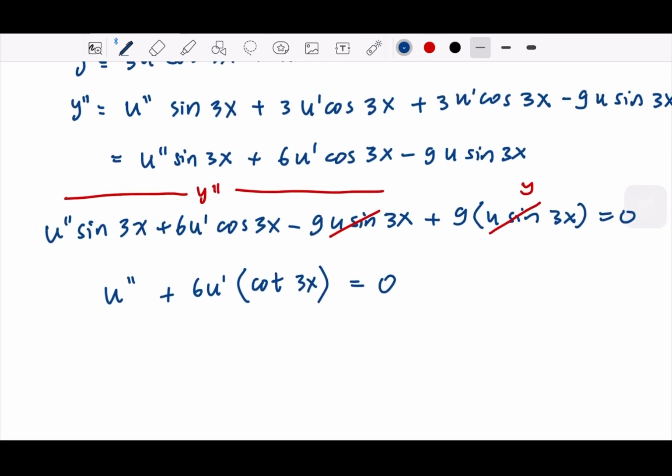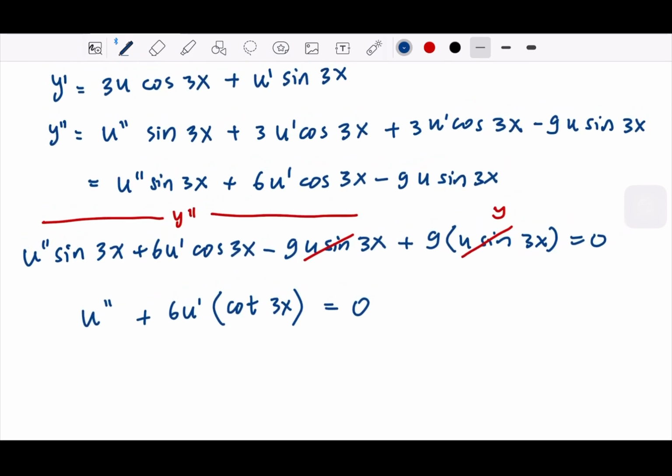Now you need to be aware that when we have this kind of situation, this is a second order equation. So this is second derivative, first derivative. When we already have this equation, this is one step closer to reducing our order. So we can substitute this u prime so that we reduce this second order to first order.